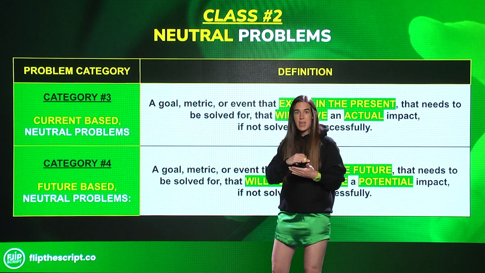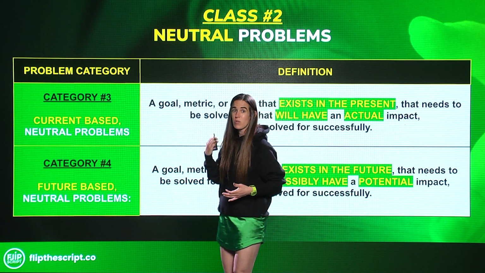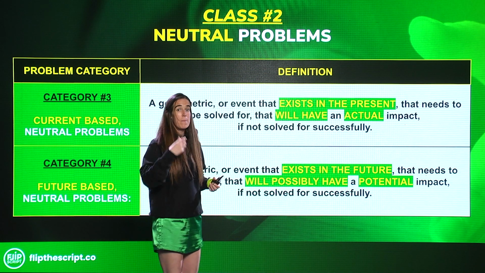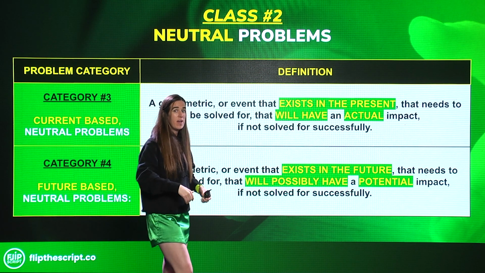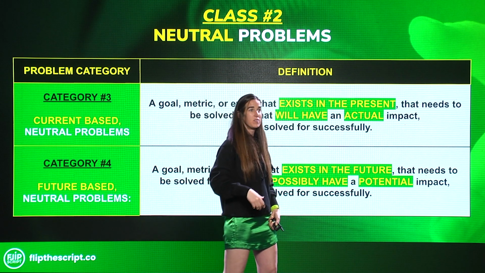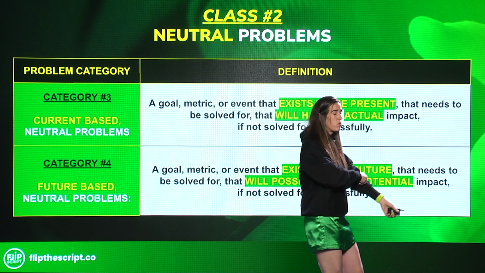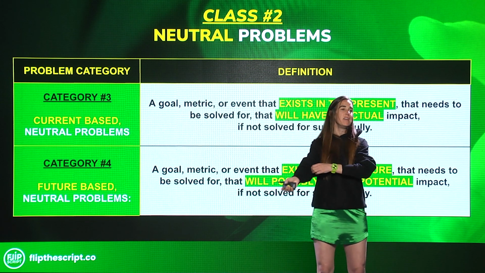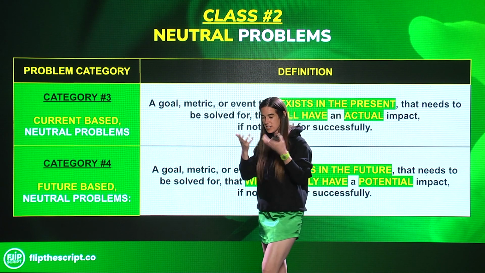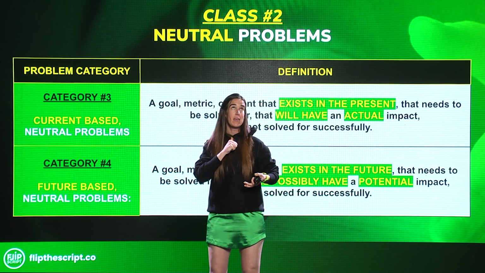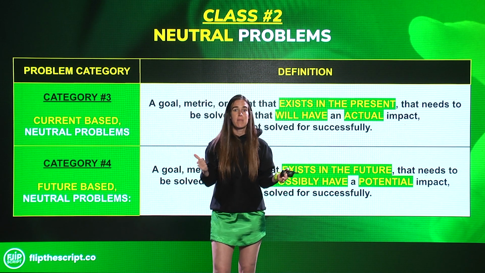The first type of category under this, category 3, is a goal or a metric or event in the present case scenario that needs to be solved for. So let's say I have the quota of 25 meetings per quarter. That's a current metric that I need to rearrange things in my current state for, whether that be the amount of calls that I think my rep should be making.